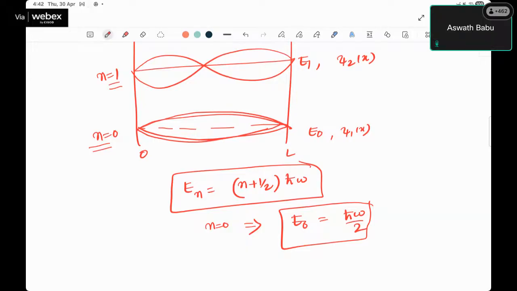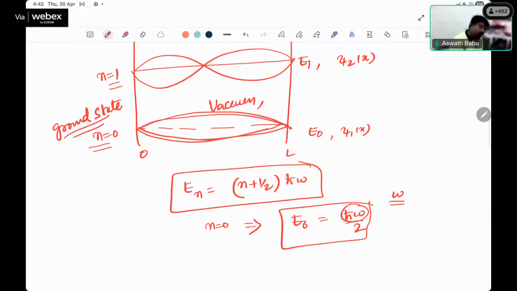So half a photon of energy, with angular frequency omega, would exist in the system even in the ground state. That's why it's called a vacuum state, or also the zero point energy state. It is impossible to have zero energy for the n equal to 0 state.